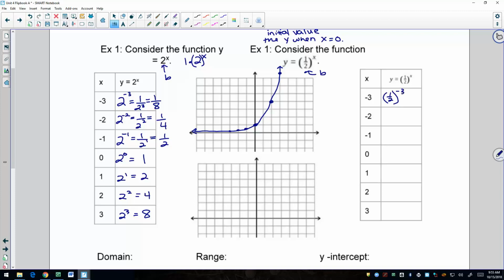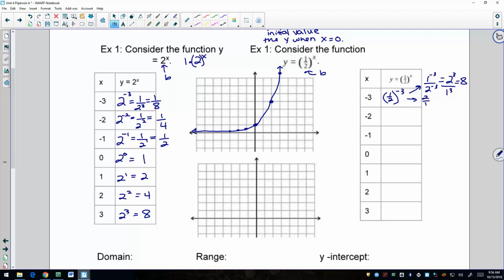When you have a negative exponent, there's two ways to think of it. Way number one is to raise each thing separately to the negative third, and then you would flip-flop. So 2 would move to the top, 1 would move to the bottom. So that's 8/1, which is 8. Or you could just flip-flop the fraction and then make that exponent positive.